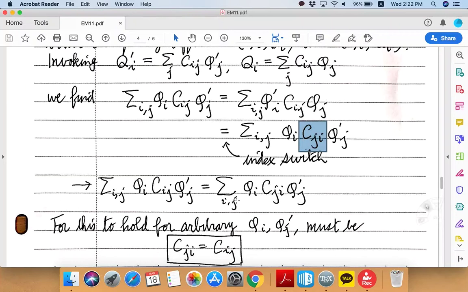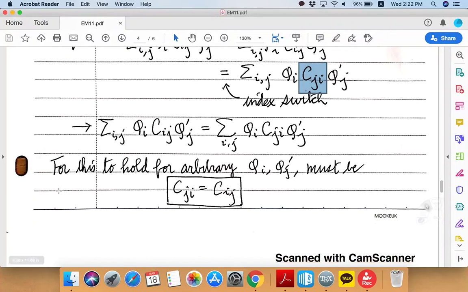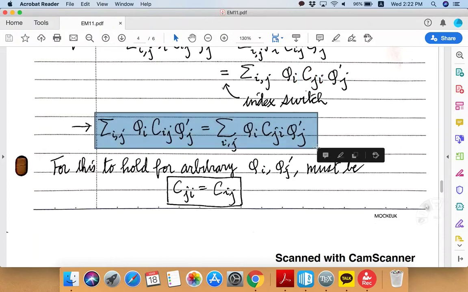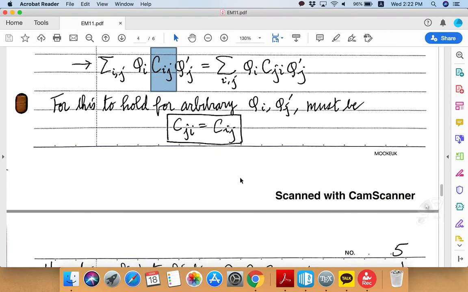Okay? But this relation better hold for any choice of phi i and phi prime j. And the only way for that to hold is if we require that these capacitance matrices be strictly symmetric to begin with.